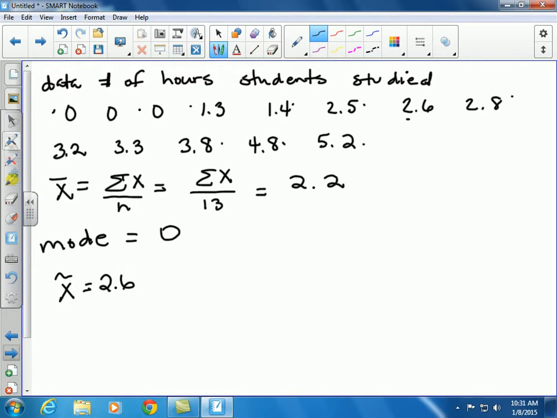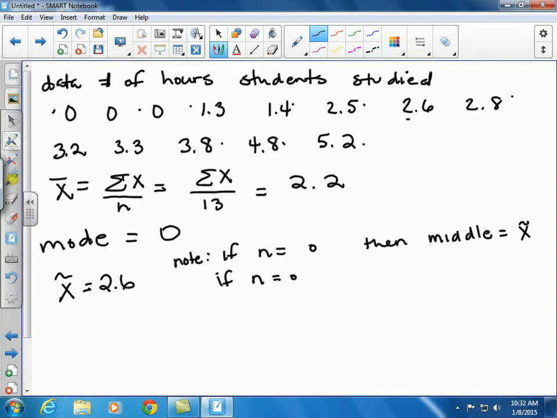Now here's a note. If n is even, then the middle equals the median. If n is, I just said that backwards.